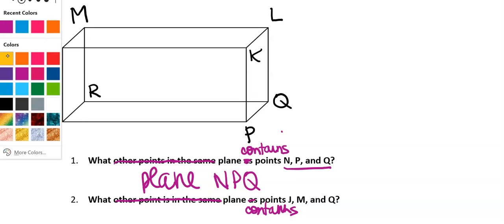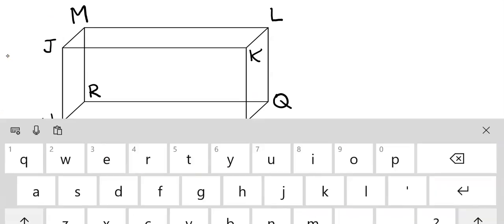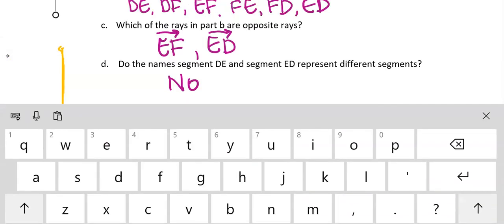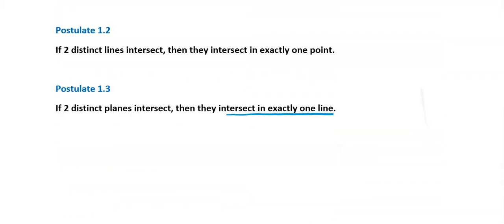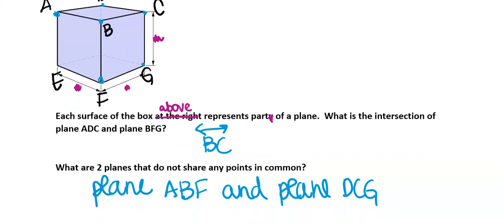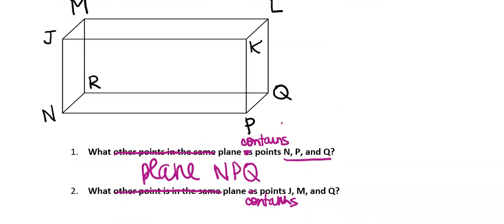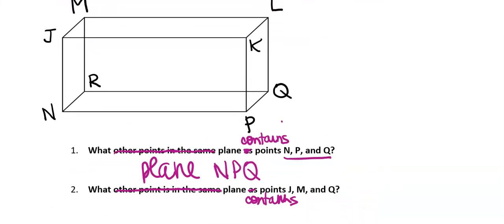So plane J, M, Q. Sorry, that went back to the beginning. Here we go.